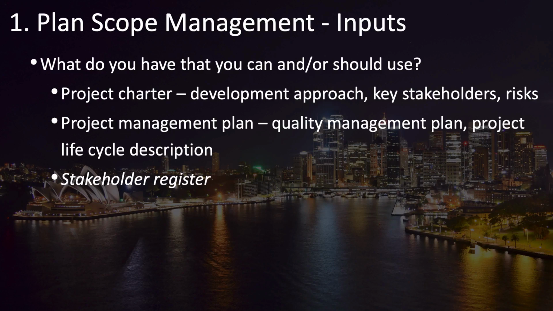But then as you review quality, for example, you may find that there are some other requirements that come out of your quality requirements that affect your scope, and so you need to come back and modify your scope plan. That's why this is listed as an input to plan scope management.